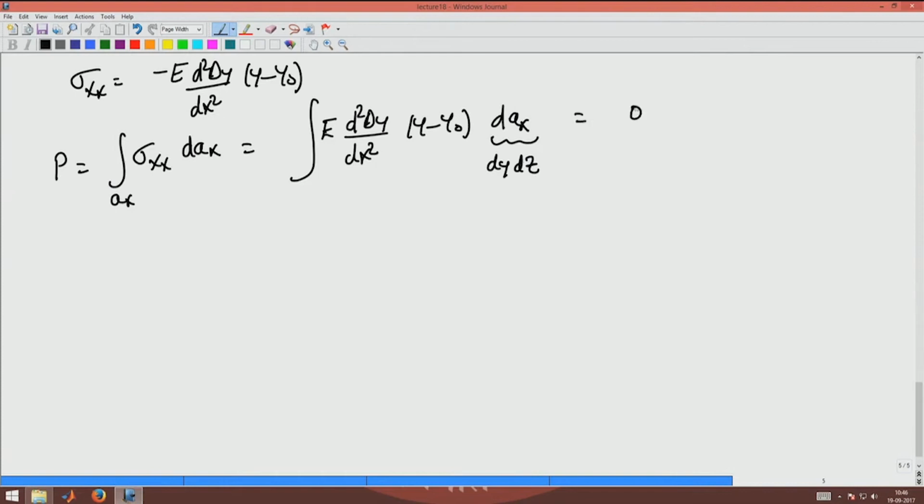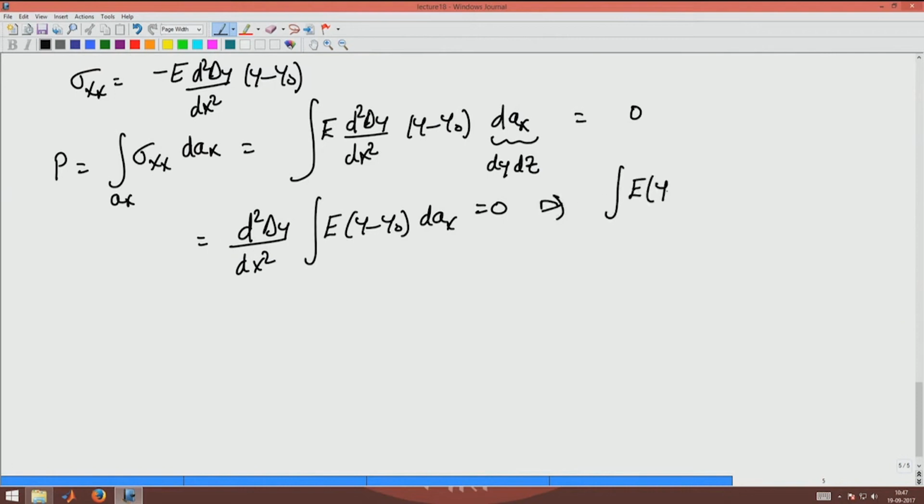This has to be equated to 0. Now, the integration with respect to y and z is independent of x, so I can pull d square delta y by dx square outside the integration. So this will be E times y minus y naught dAx is equal to 0. Since d square delta y by dx square cannot be 0 identically, this implies that the integral of E times y minus y naught dAx has to be equated to 0.